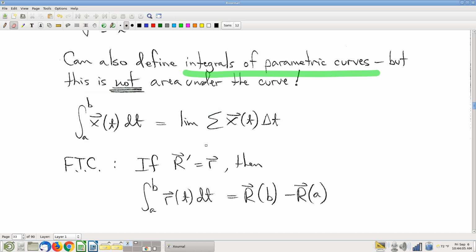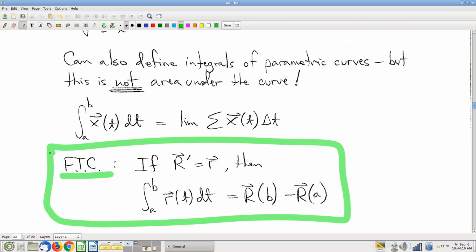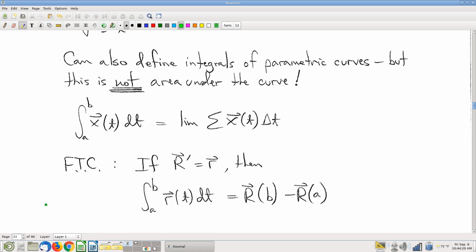It's wildly wrong. You can write down a fundamental theorem of calculus for integrals of parametric curves. And that's fine, you just have to make sure to have a clear picture in your mind of what this means. Specifically, the integrand has to be a derivative to be able to interpret this meaningfully. This is not just any old integral. This is an integral of something that is a derivative of something else.